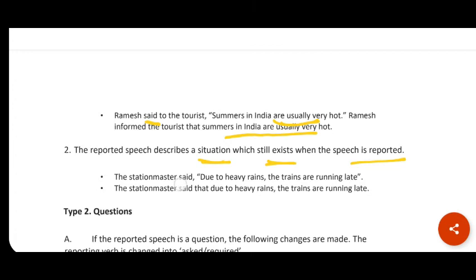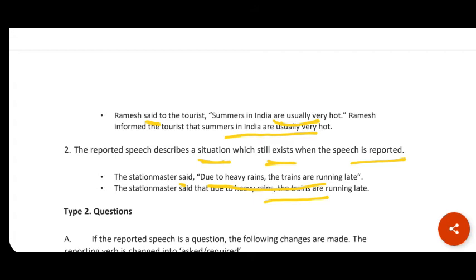Now here the reporting verb is in past and the speech is in present continuous tense. So now here the station master said that due to heavy rains, the trains are running late. Now here the tense of the verb doesn't change. Why?